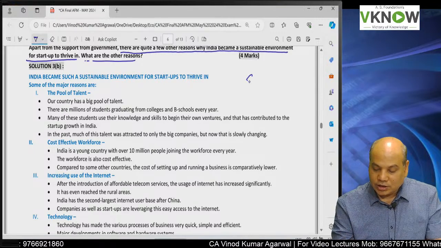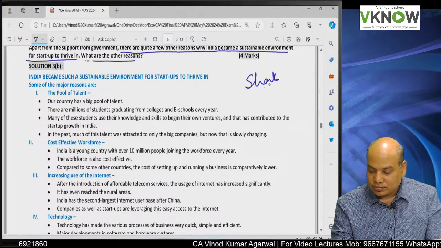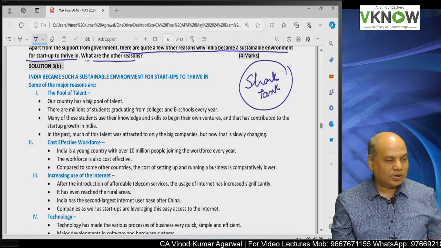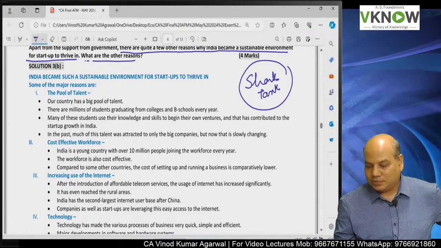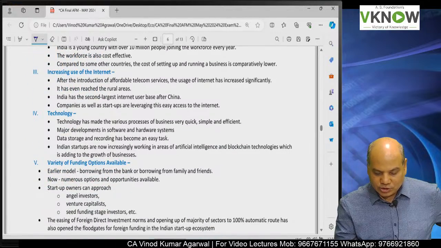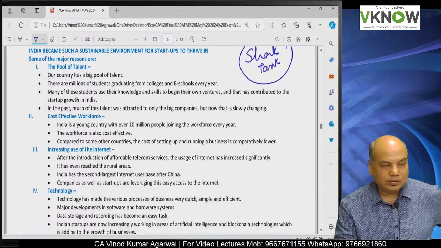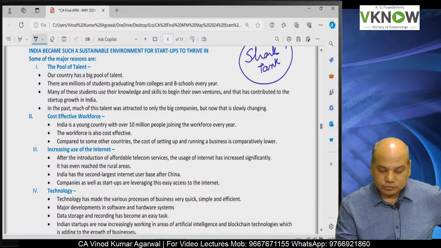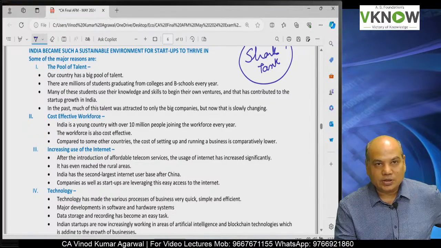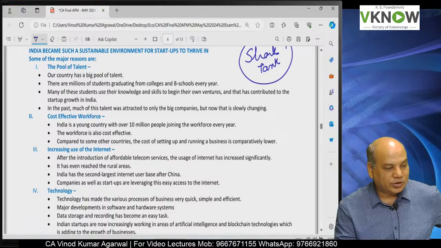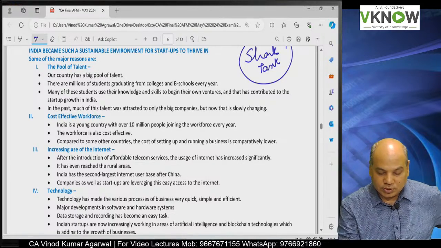So one is Shark Tank, okay, but don't write in the exam because people get inspired. They think it is easy to raise funds. Okay, so that is there. That is also mentioned here. Variety of funding options available. So India has developed, as far as startups are concerned, lakhs of startups have registered with the ministry.